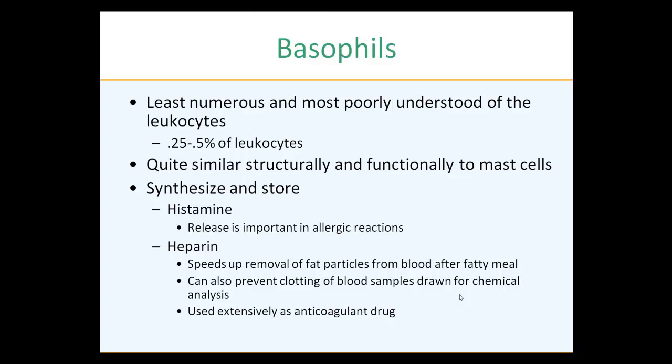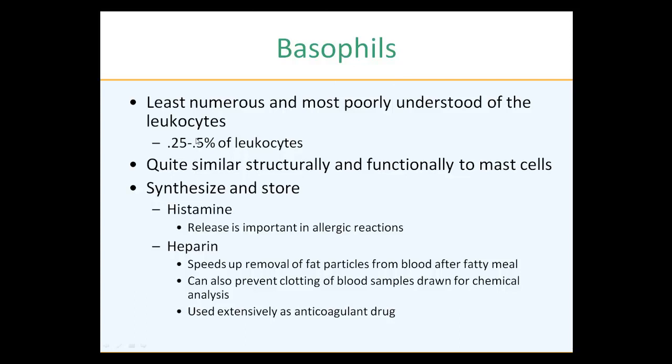If that edema is in the lung, for example, then the person is having a very hard time breathing. Histamine also can contribute to the contraction of the smooth muscles, and the rise of an asthmatic attack in response to exposure to allergy. So these are the basophils.